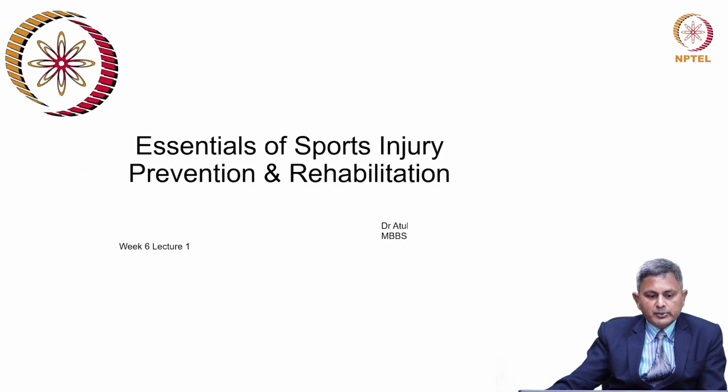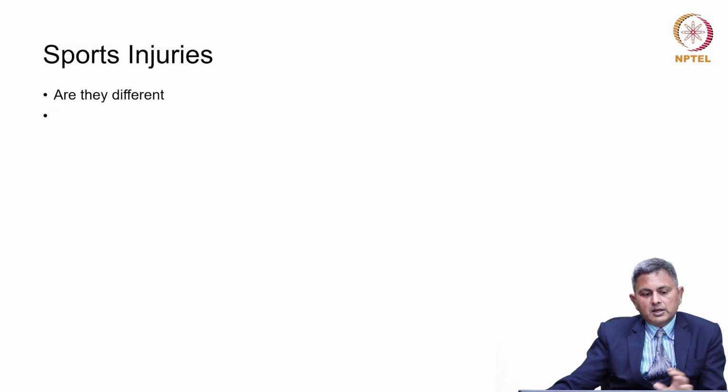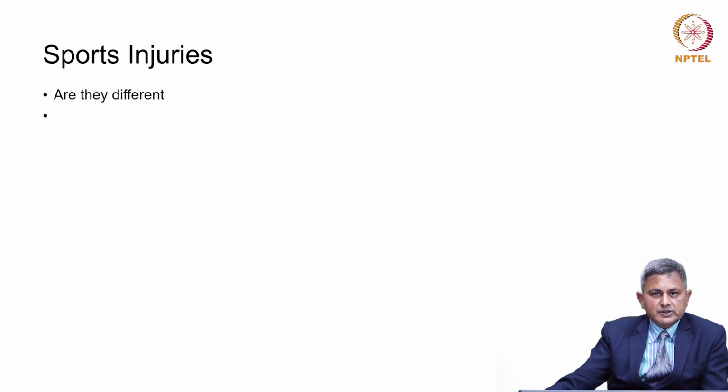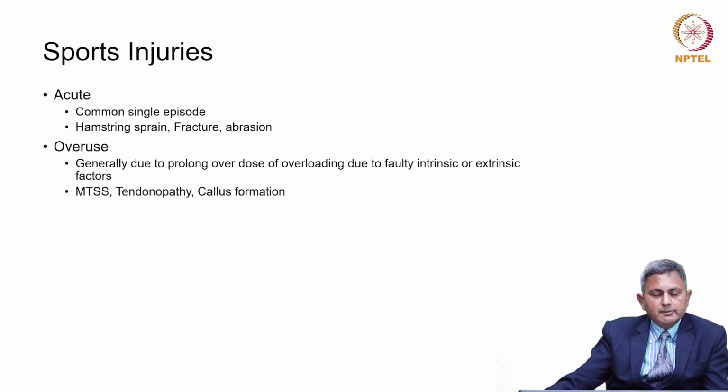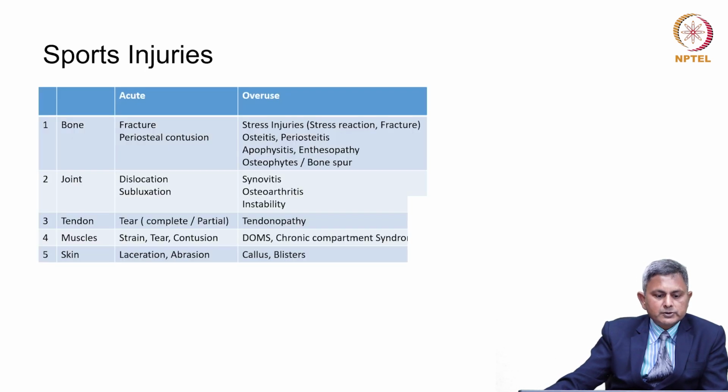Now I will briefly summarize the entire topic of sports injuries. Sports injuries are common in persons involved in sports or regular exercise, and they are of two types, acute and overuse.